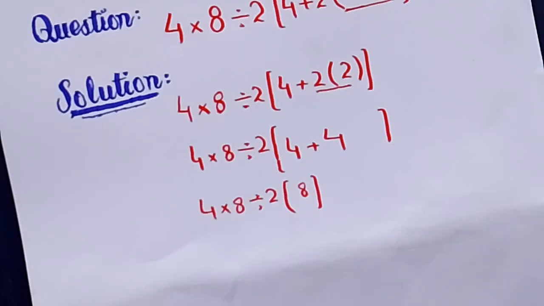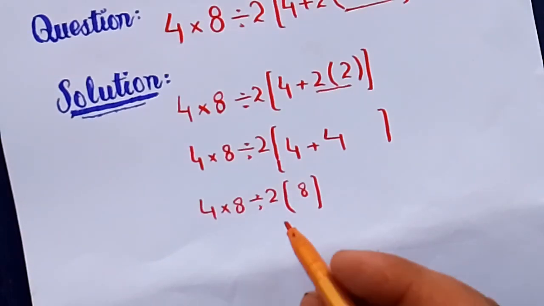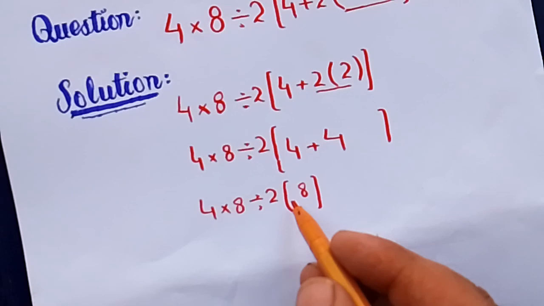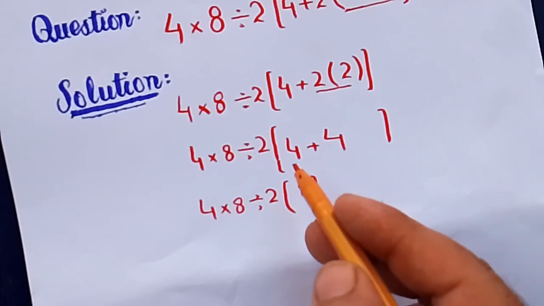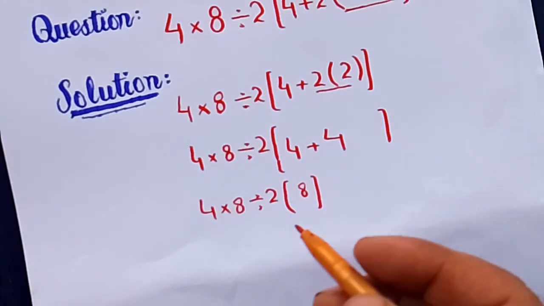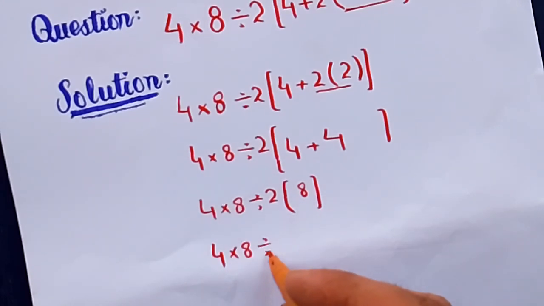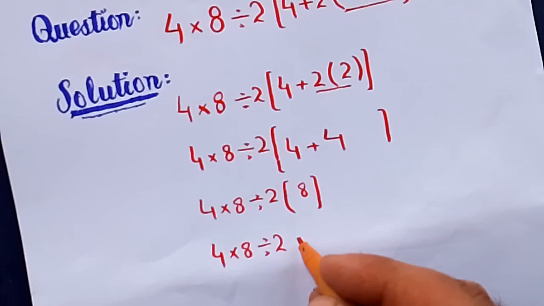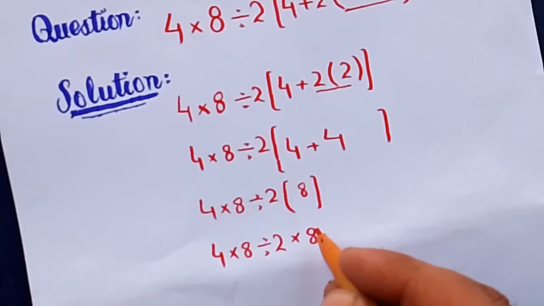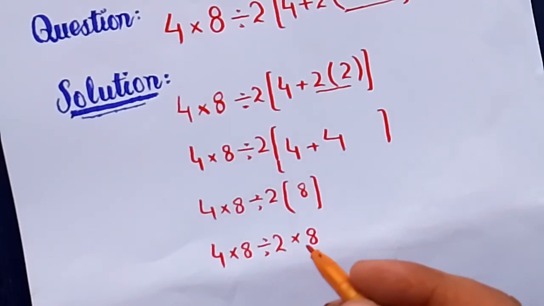Now there is a multiplication sign, so it is simple multiplication. So all the brackets have been solved. We can write 4 multiply 8 divided by 2, and this 8 is multiplied with it.